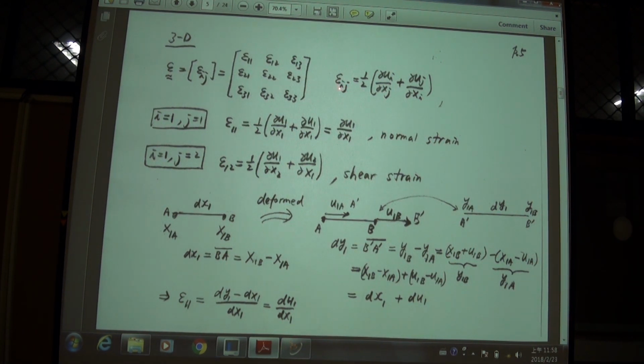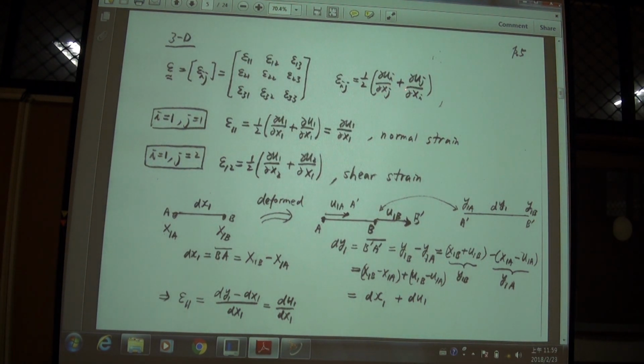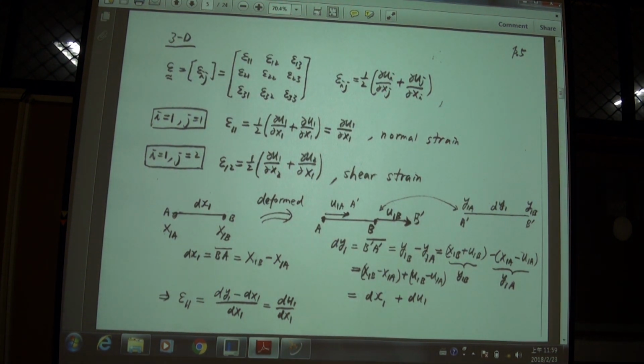For example, we set i equal 1, j equal 2, then 12, 21, like here. So epsilon 12 equals 1/2 of partial u1 partial x2 plus partial u2 partial x1. So perfectly, from this index notation, we get the normal strain and the shear strain at the same time. Okay. So this index notation is a very convenient expression.